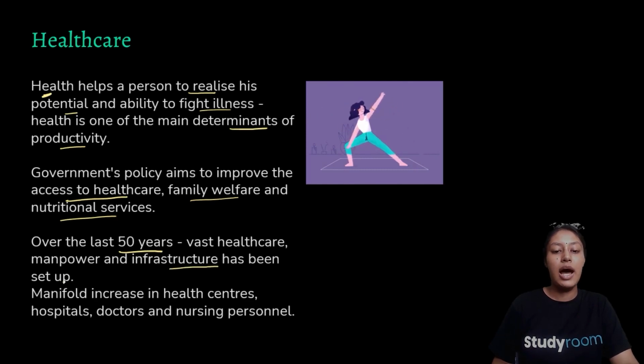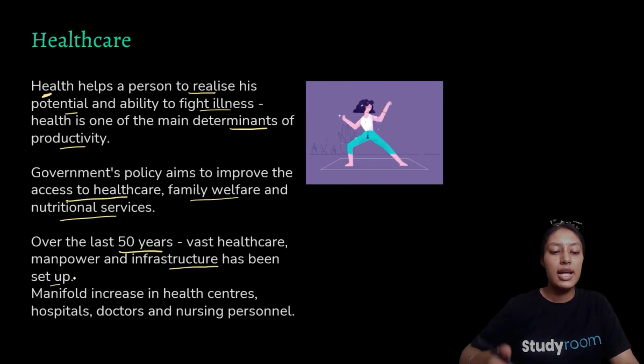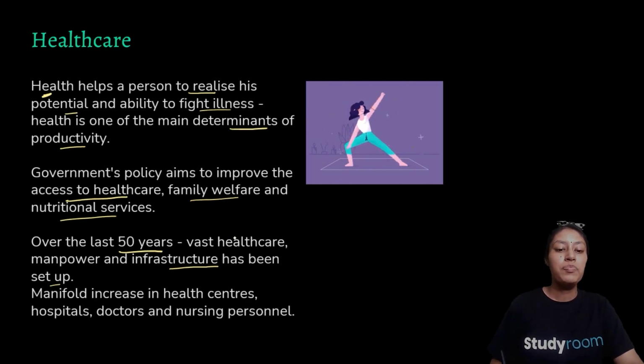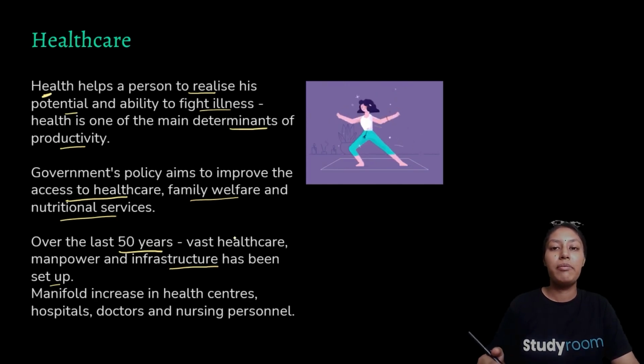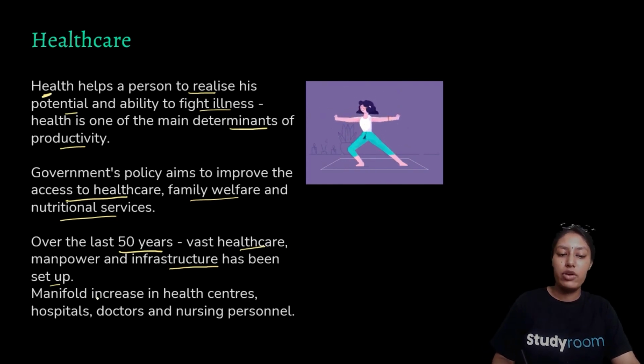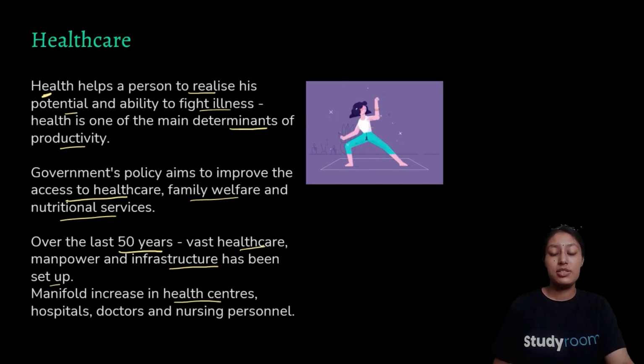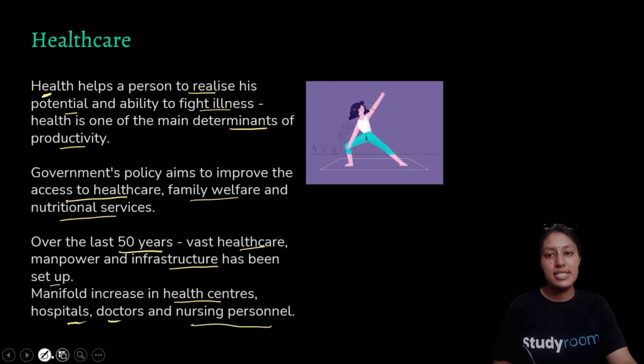Because of the high population, the healthcare sector that has been set up is always less. So over these 50 years, the sector has been constantly working to improve healthcare manpower and infrastructure. Health centers have been improved, their quality and numbers increased. Hospital doctors and nursing personnel have also been set up.